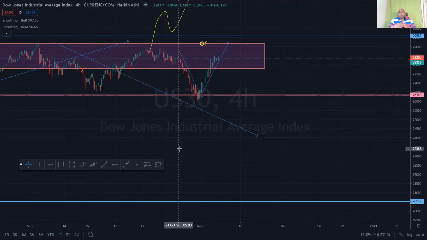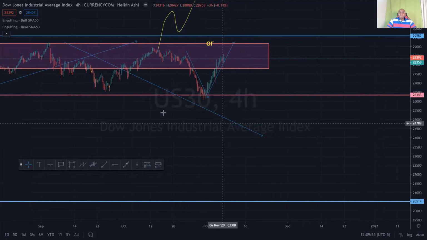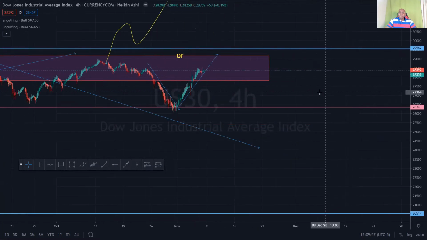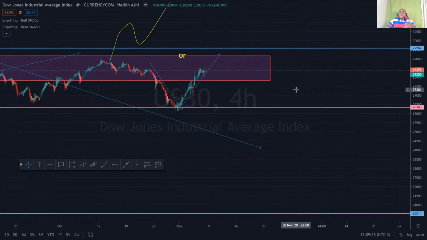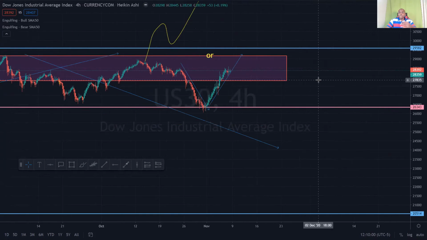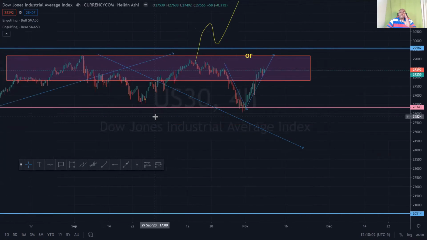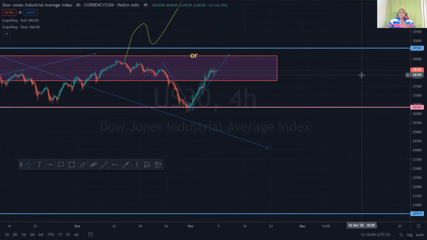US 30. All right, you guys know my stance on US 30 for quite some time, over the past, I would say, 5 weeks. So if you're trying to go for a long-term buy in the US 30, then it's not time to go into the US 30.